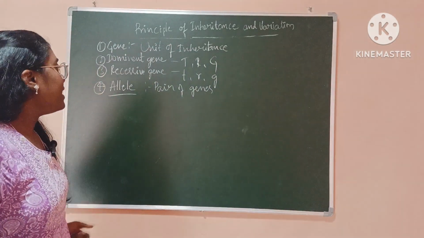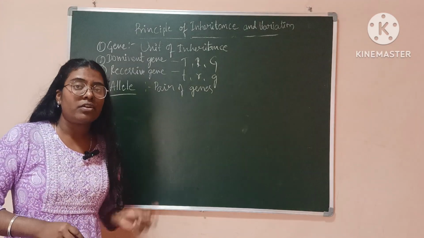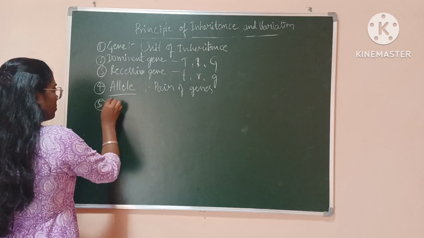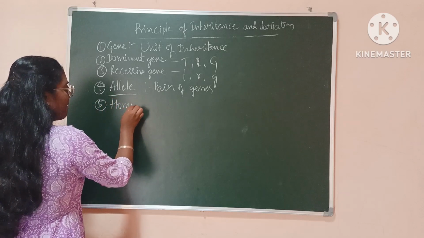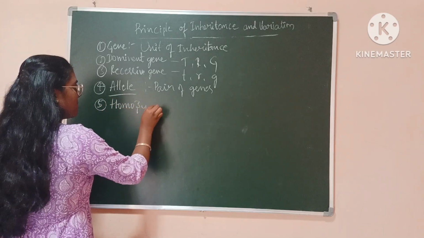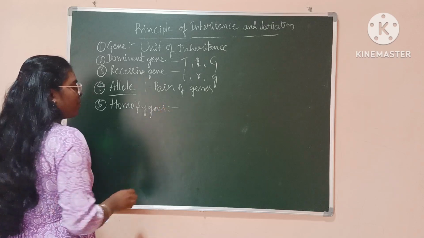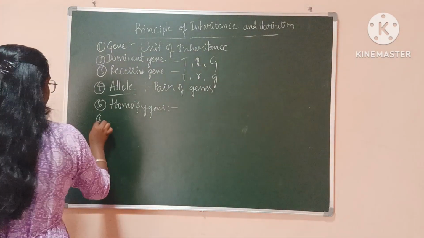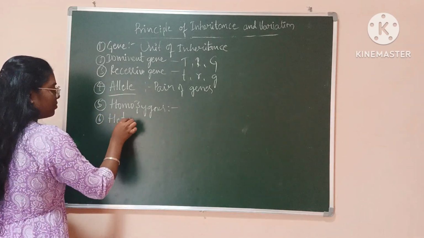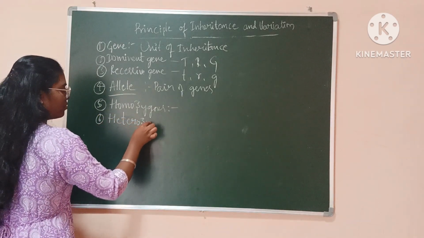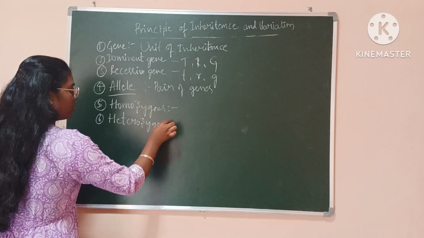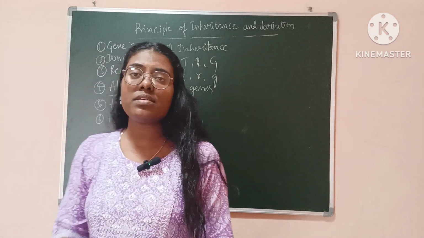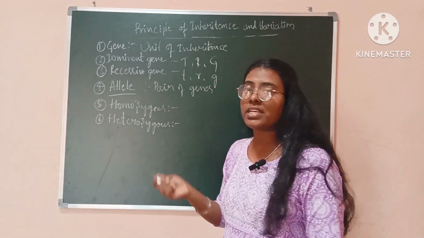Okay, so it might be that allelic sets are of two types, that is homozygous and the second one is heterozygous. Homozygous and heterozygous. So what is the meaning of homozygous and heterozygous?